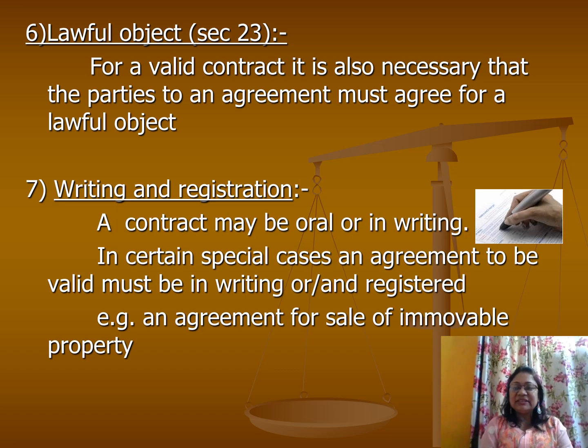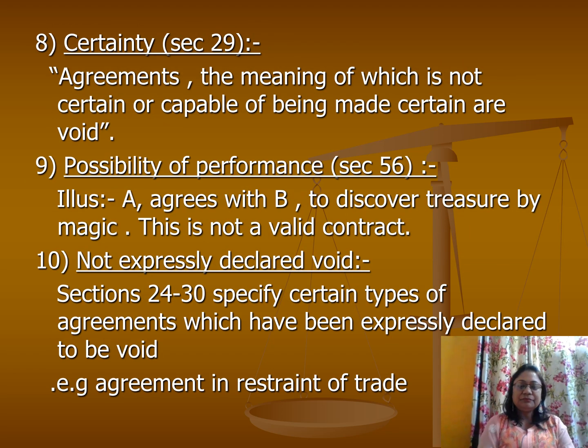However, there are certain special types of agreements that must be written in order to constitute a contract, like an agreement for sale of immovable property. So if you are planning to purchase a flat or a land, the contract must be written, it must be registered and stamped. For the other contracts, they are considered to be valid even though they may not be written.